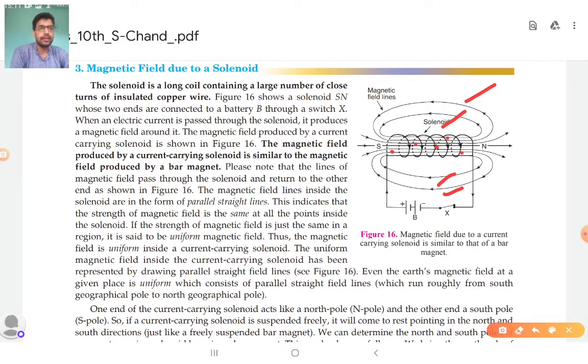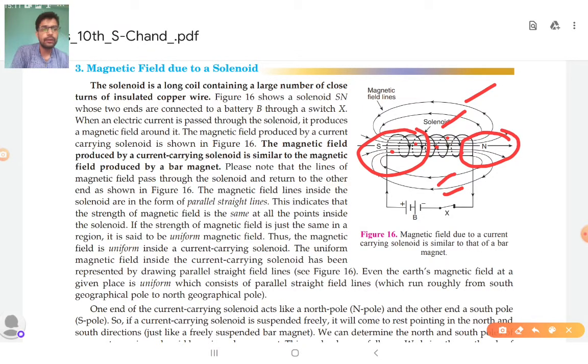That's why we say that inside the solenoid there is a uniform magnetic field. You should know this. And there are two poles, north pole and south pole. So one question arises: how can we know which side is the north pole and which side is the south pole?